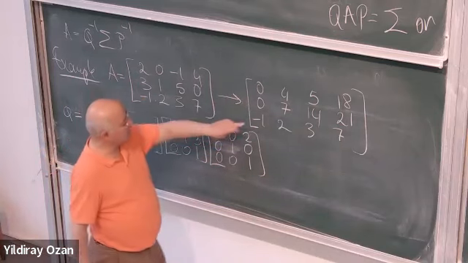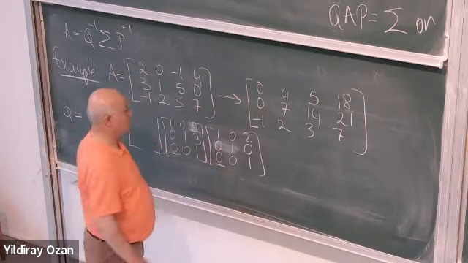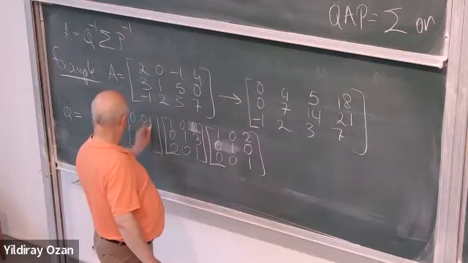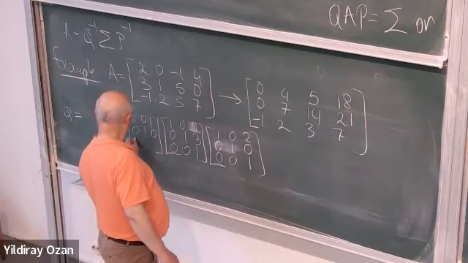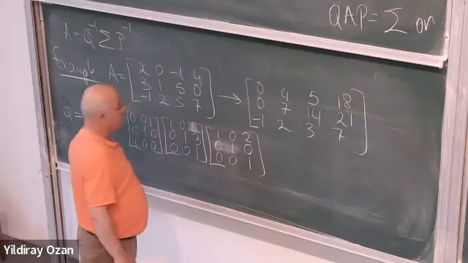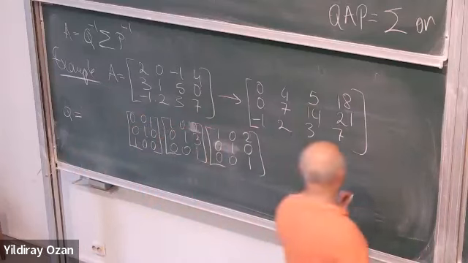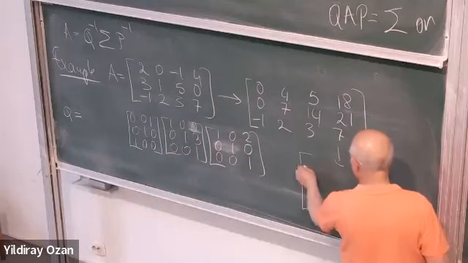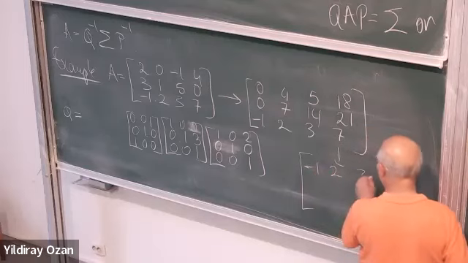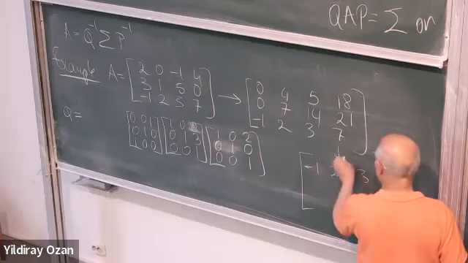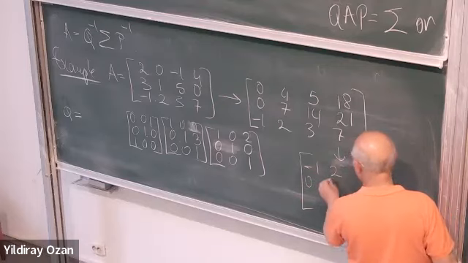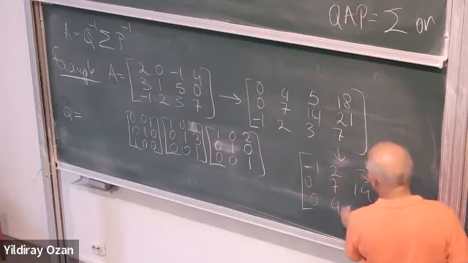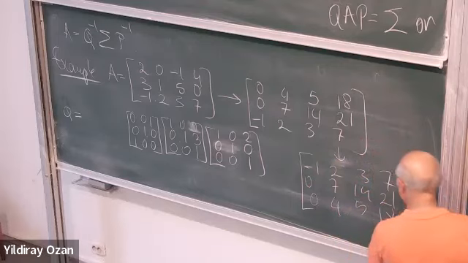So let me interchange these two, the first and third rows: 0, 0, 1; 0, 1, 0; 1, 0, 0. That gives us the following: minus 1, 2, 3, 7; 0, 7, 40, 21; 0, 4, 5, 18.